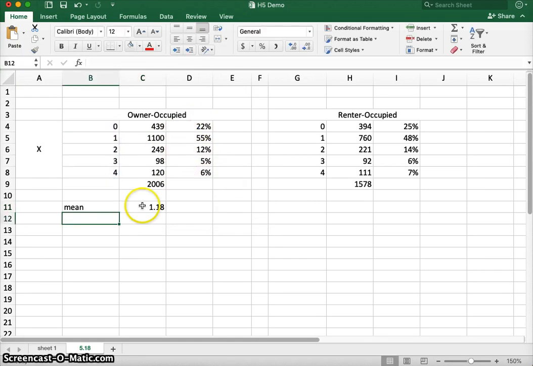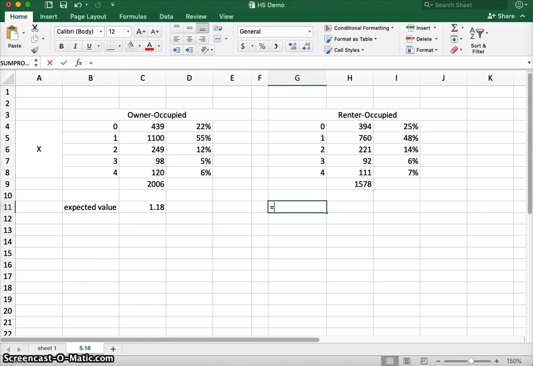So the mean number of times that the water was shut off in a 3-month period was 1.18, also called the expected value. If we were predicting, we would predict that any given resident would have their water shut off 1.18 times.